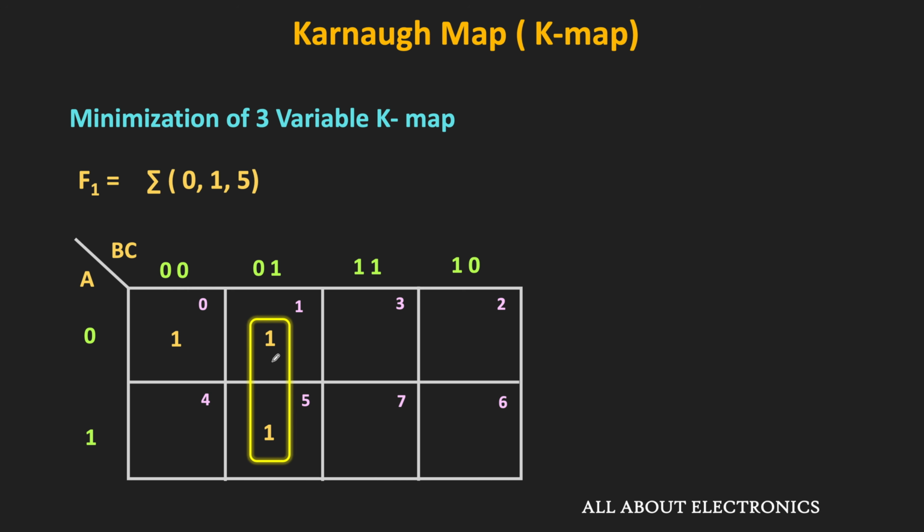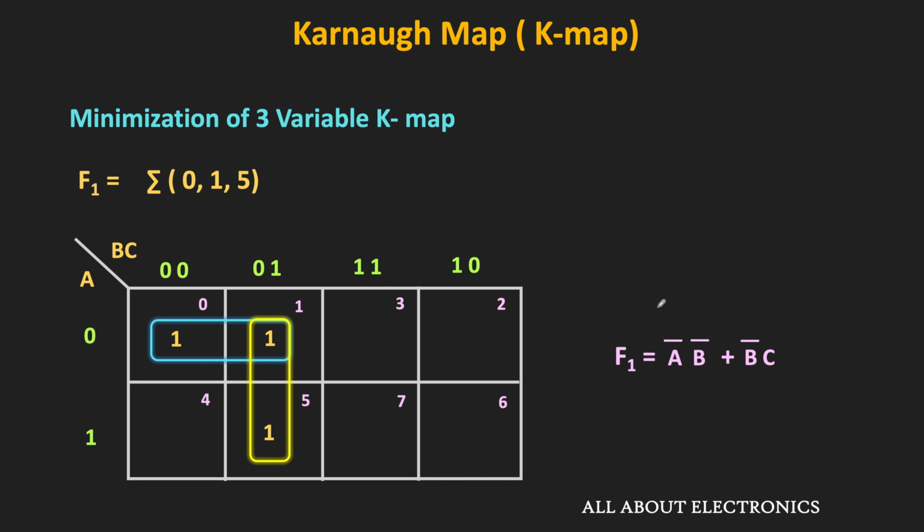In this group, the variable a is changing, while the variables b and c are the same. So here b is 0 while c is 1. Therefore, this group represents b bar dot c. And if we see the overall function, then the overall function is equal to a bar dot b bar plus b bar dot c. So in this way, by making the groups in this Karnaugh map, we can minimize the Boolean function.